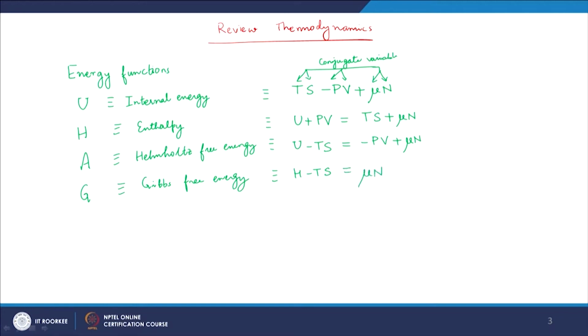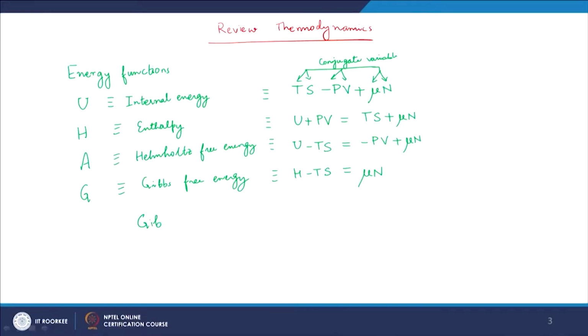Okay. So, it helps to remember these four relations if you start from this point. Then there is a particular rule that is known as the Gibbs-Duhem rule, which we will not derive, but the basic idea behind the rule is very simple.